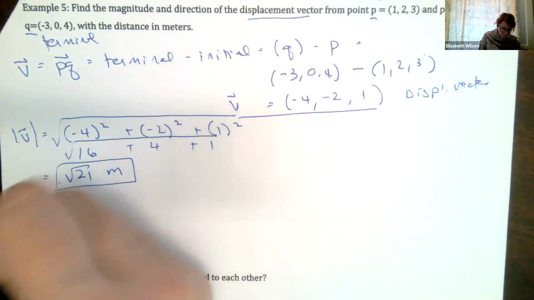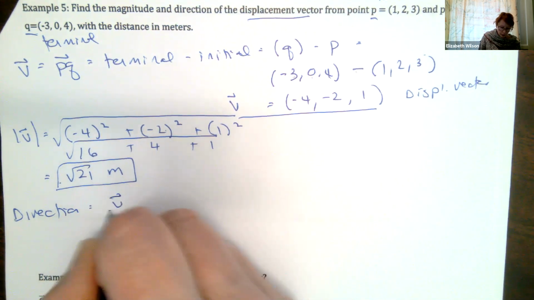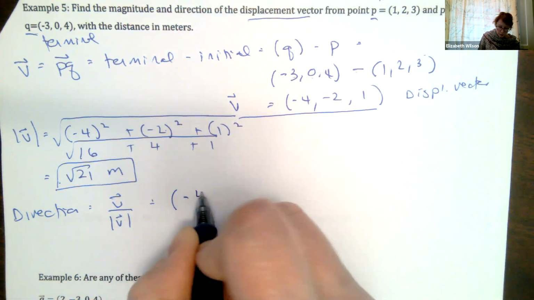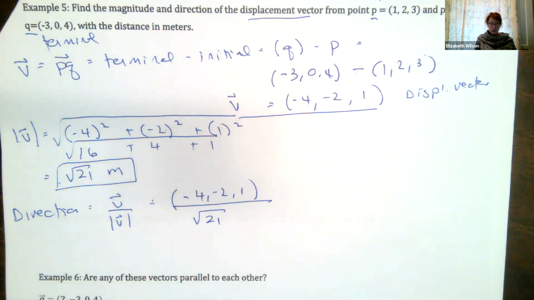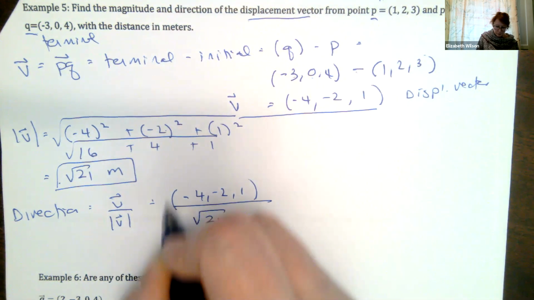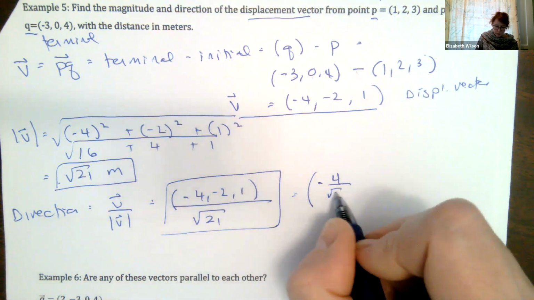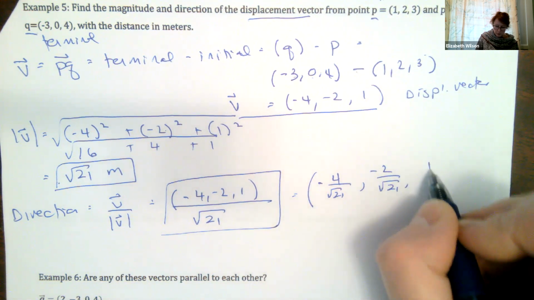Our direction is our vector divided by its magnitude. So my vector, minus 4, minus 2, 1, divided by radical 21. I can leave it like this, or I can distribute it. So minus 4 over radical 21, minus 2 over radical 21, 1 over radical 21.